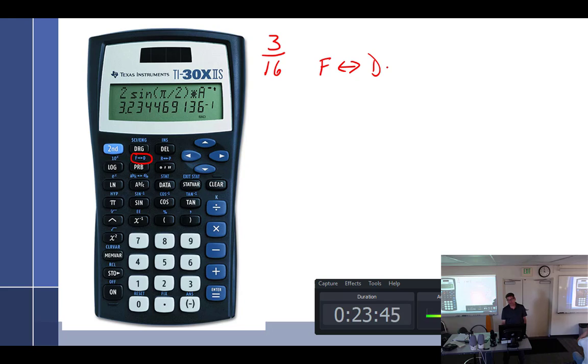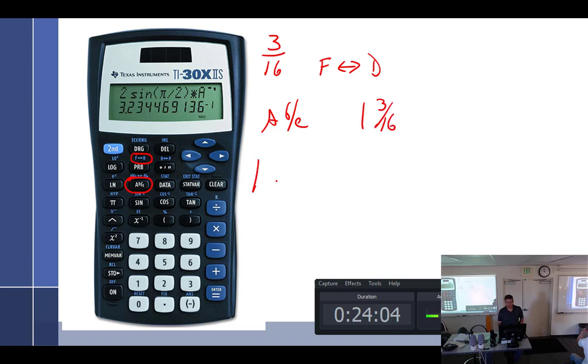So if I want a fraction to a decimal, first of all, how do I put a fraction in here? Well, I'm going to do this key right here. I just call it the ABC key. So the ABC will make a fraction. Let's do this. What if I want a fraction that's 1 and 3/16?